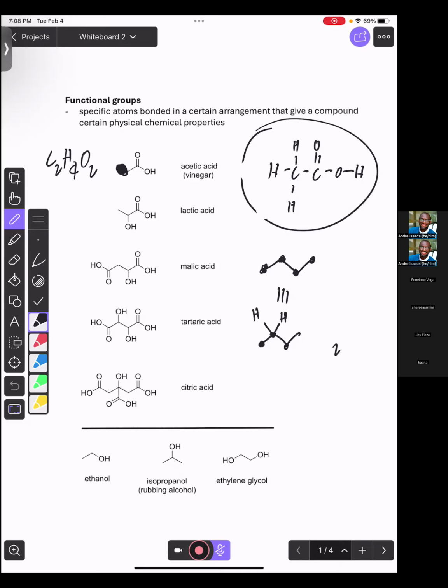So this carbon here on the bottom left, as shown, is connected to 1 carbon, which means it must have 3 more connections to make 4. So there are 3 hydrogen atoms that must be connected to that carbon, okay? And we can go through the rest of the molecule and figure that out.